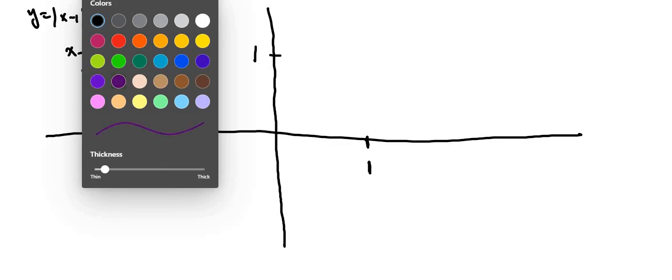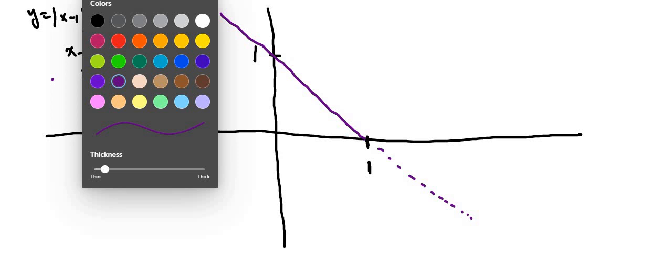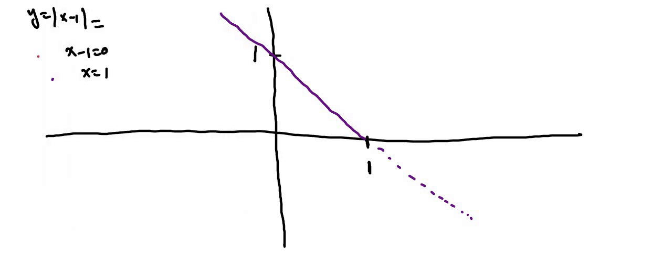There's a piece which passes here, but then we don't show the other side. And there's also a piece which passes here, which goes like this. This is a negative 2 if I'm not mistaken. There's a piece as well which comes like that, passes there, and continues like that.